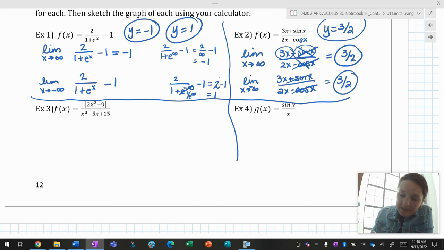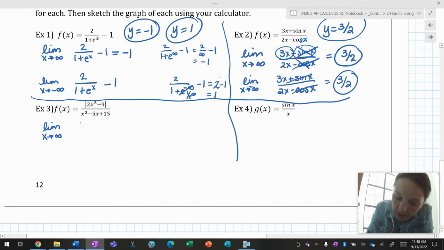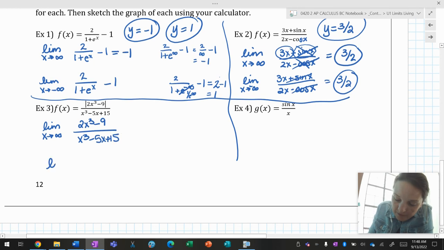Okay, now I have this absolute value again. So if I'm taking the limit as x approaches positive infinity, that numerator is going to be positive. So I'm just going to write it like this. And if x approaches negative infinity, that numerator, the interior part, is going to be negative. So the absolute value would negate it.